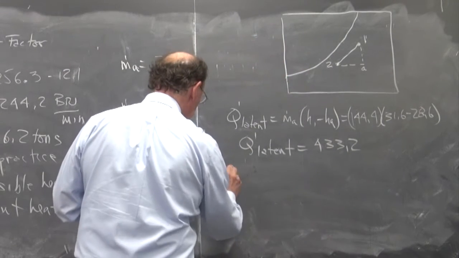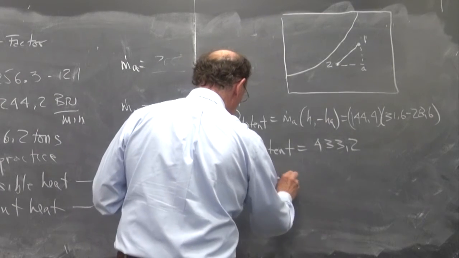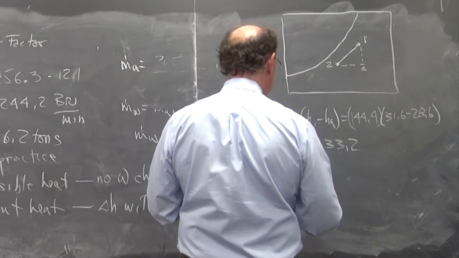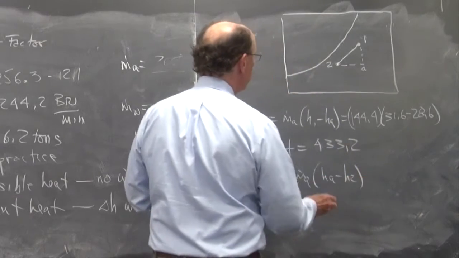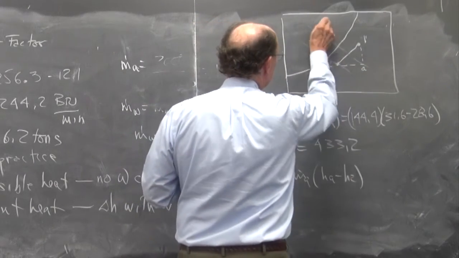And Q dot sensible is m dot A times HA minus H2. And you determine the enthalpies, right? This is how you find the enthalpies.